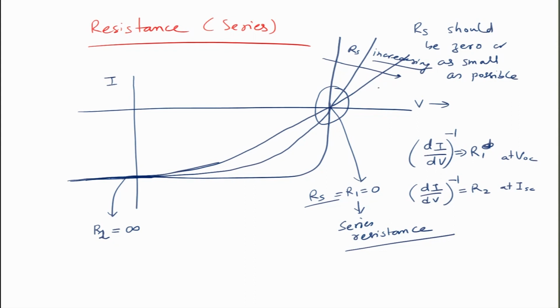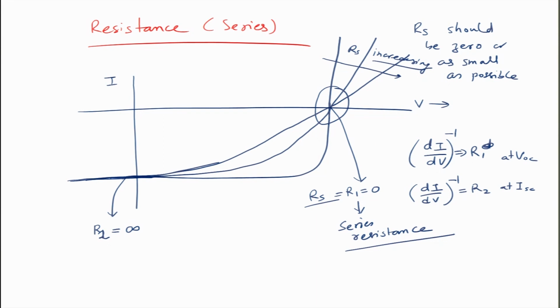Series resistance will increase because the slope is decreasing, which means the resistance is increasing, all right. So, this is the effect of increasing series resistance.